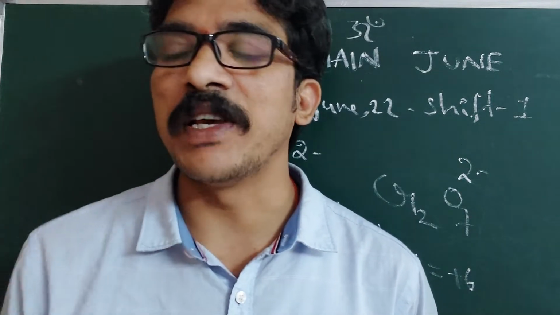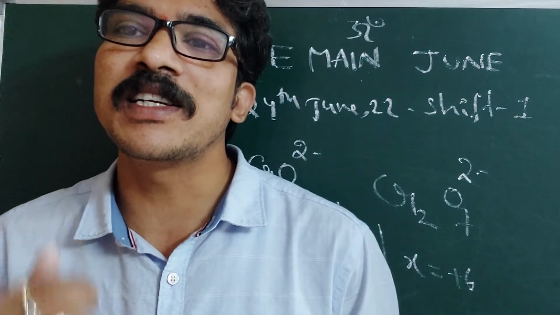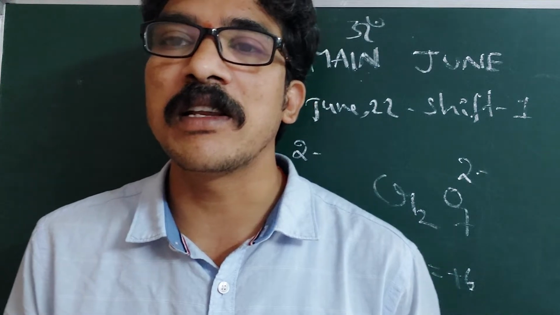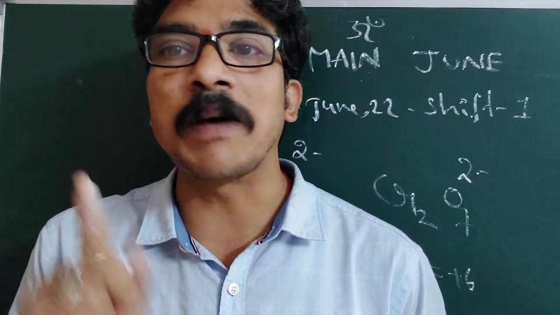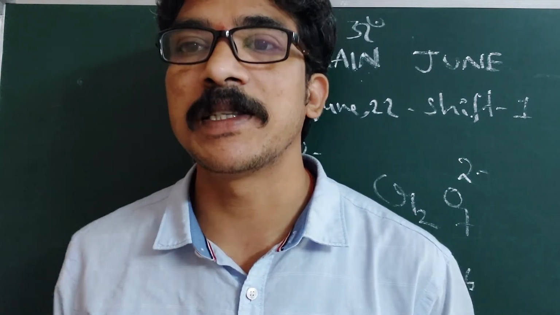Why is this question given? Generally, all of you know the oxidation state, so why is this question given? There is a very logical point in the d-block. One pair is manganate and permanganate.